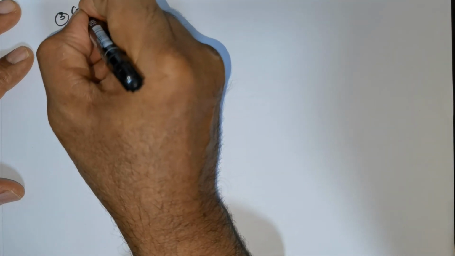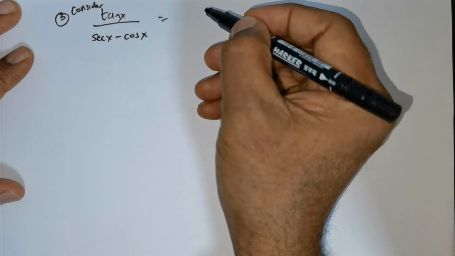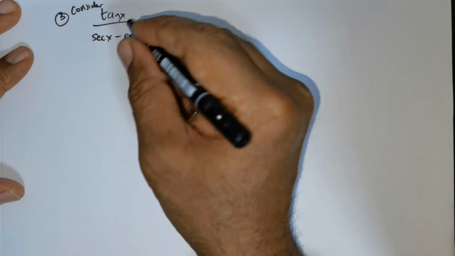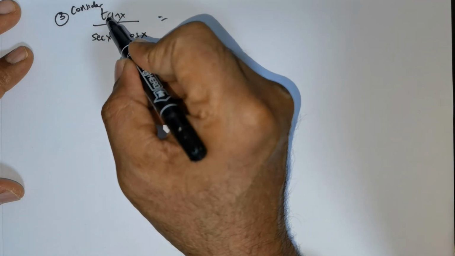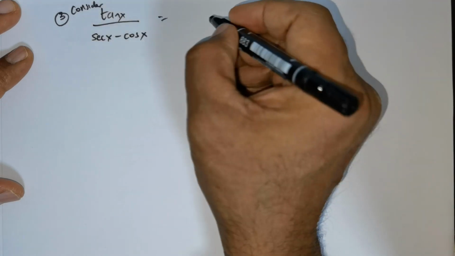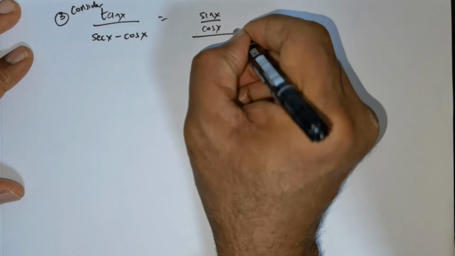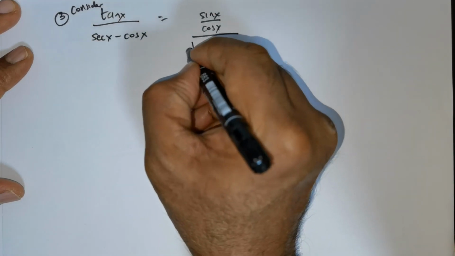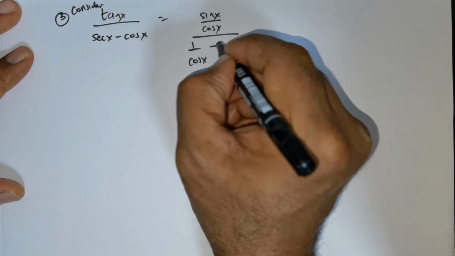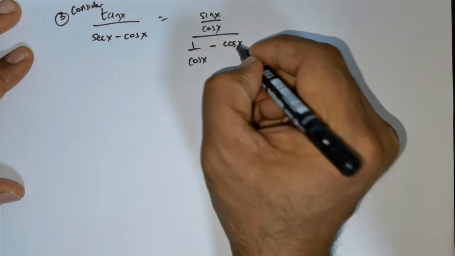So as usual, I will start off with that word consider, and if you would bear to remember, I mentioned that whenever you have tan x and cot x, convert them into sin and cos. So I will rewrite tan x as sin x over cos x divided by secant x, which has a formula of 1 over cos x, followed by - cos x.